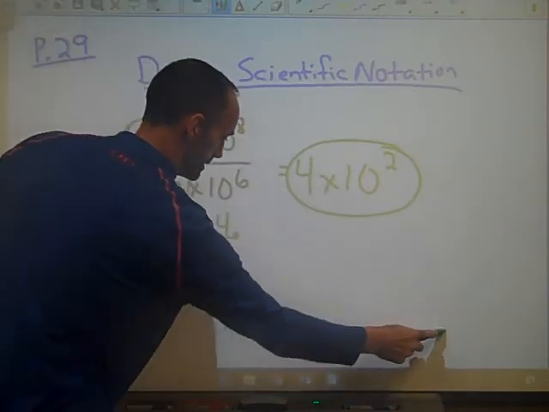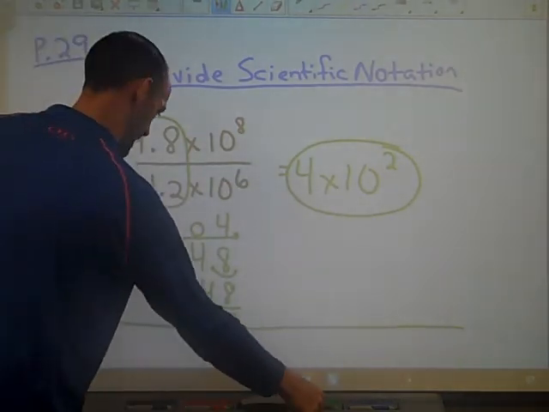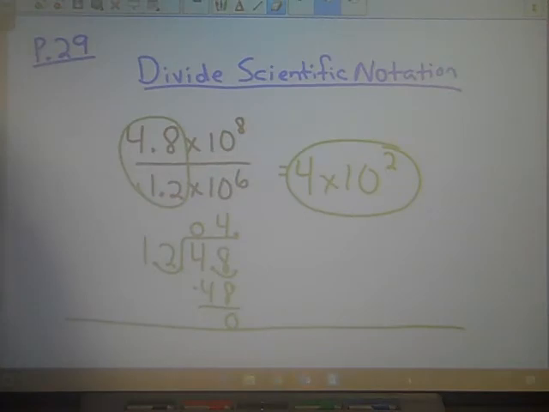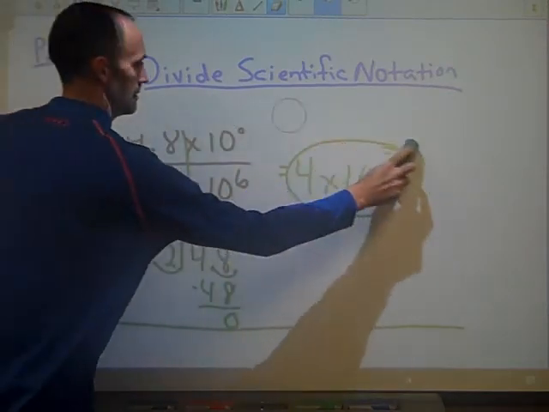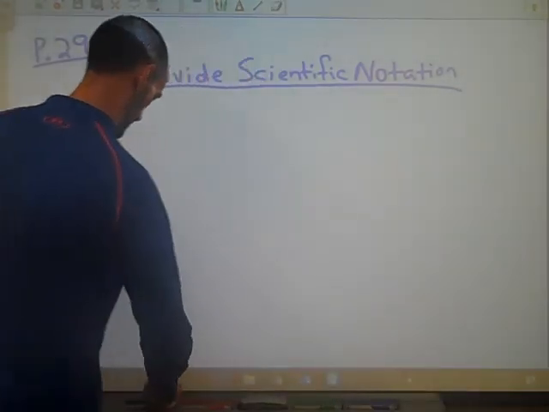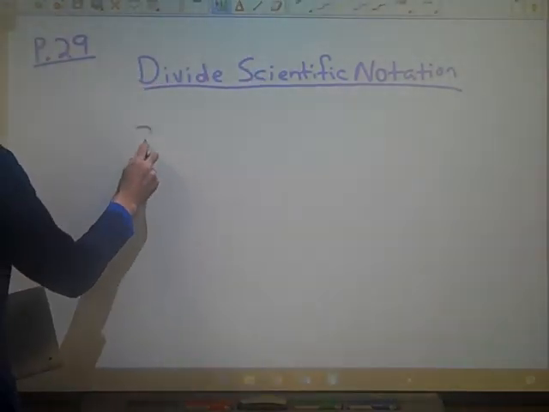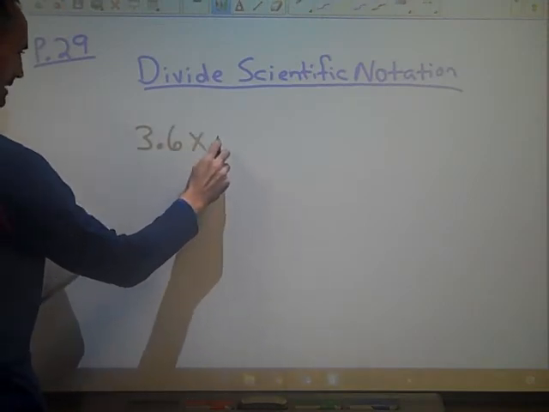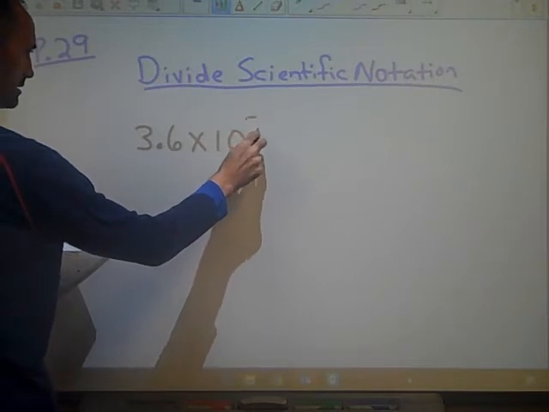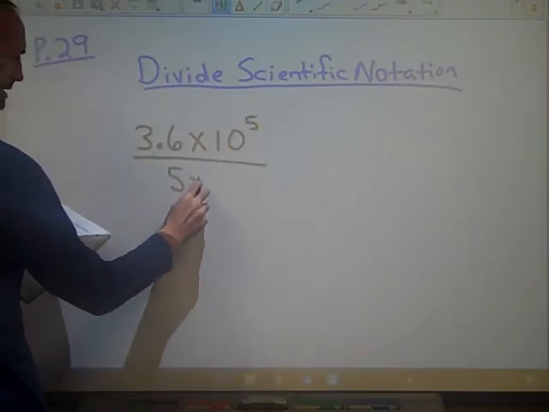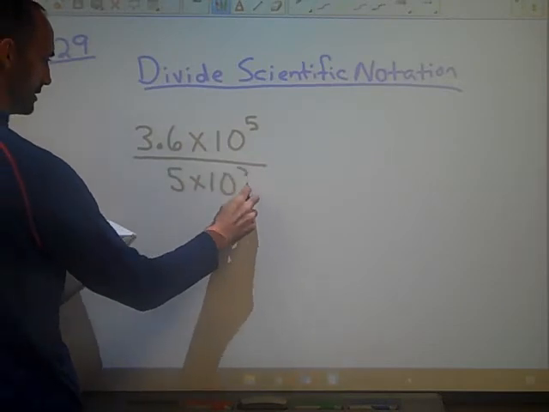Put a line underneath. One more example. And last thing, 3.6 times 10 to the 5th, and we're going to divide that by 5 times 10 to the 3rd.